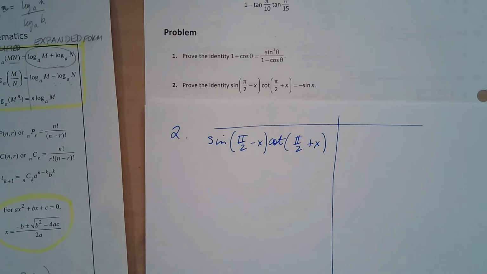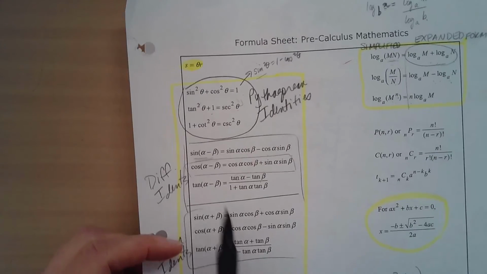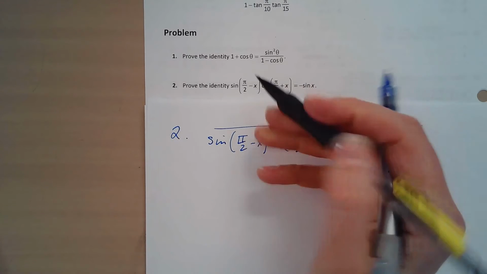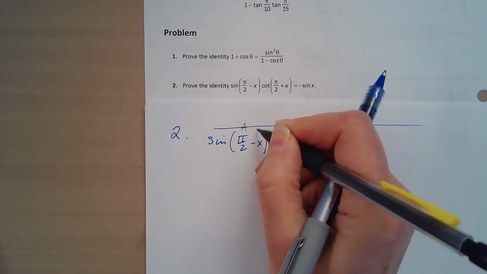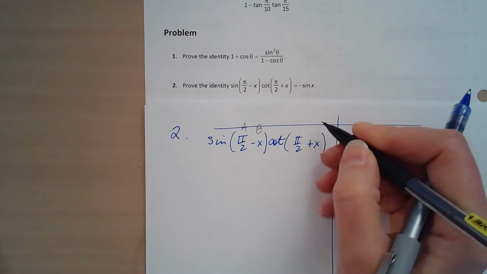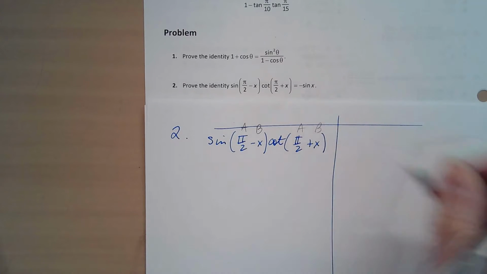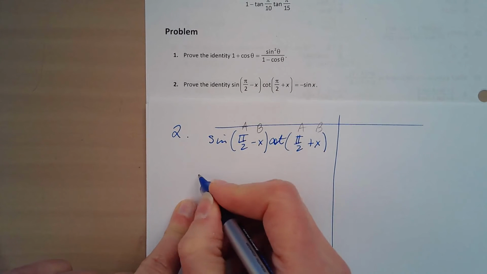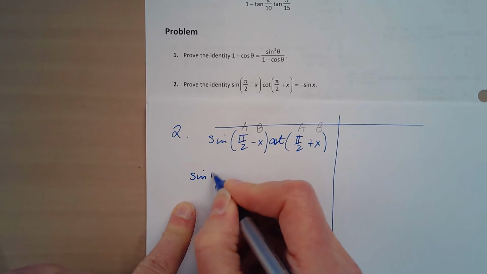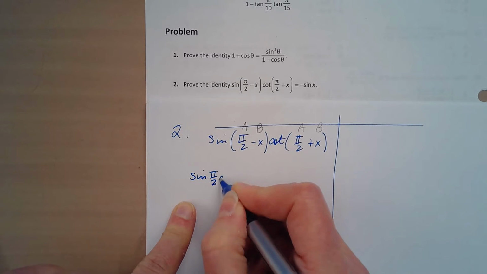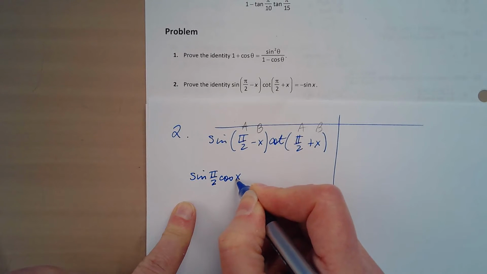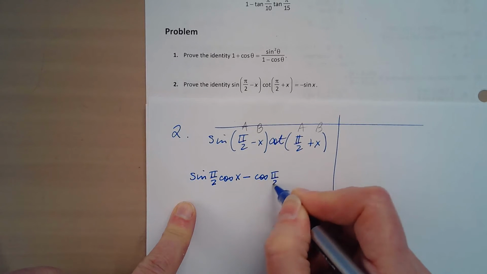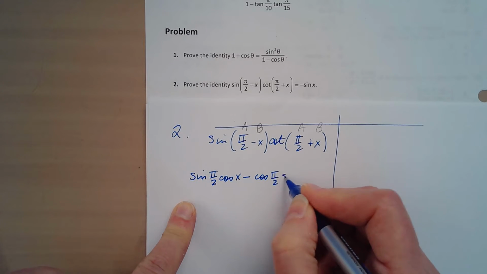When I look at this, this would be my angle A, and this would be my angle B for this identity. But let's just take a look at the sine identity. If I list it out, it would give me sine of A times cos of B minus cos of A times sine of B.